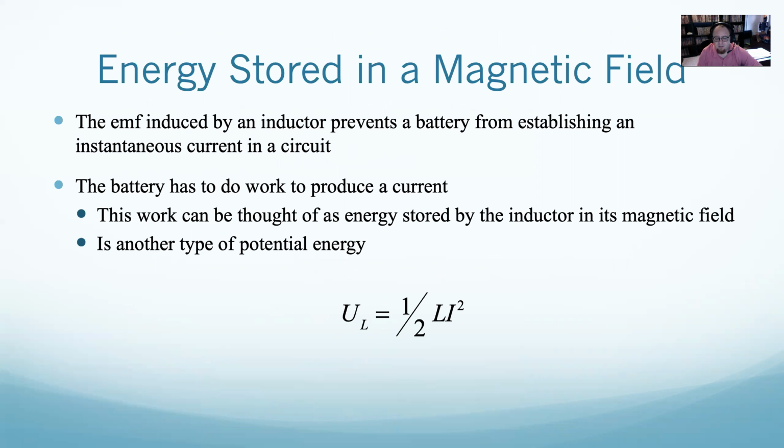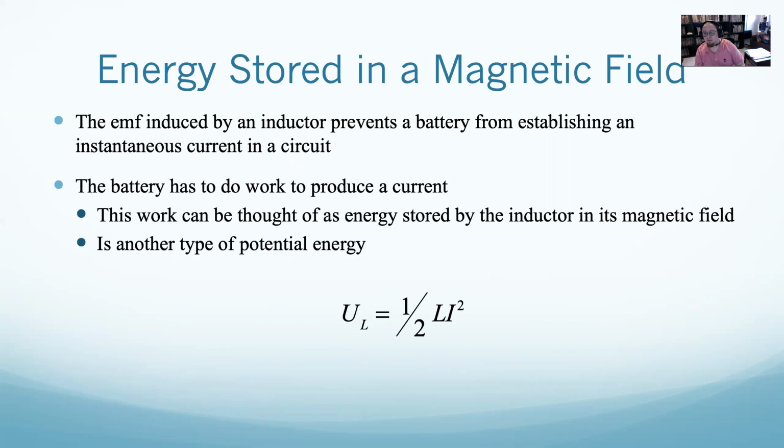Since the battery is using energy to push things forward, and the inductor is keeping that from happening, an inductor must be affecting energy. Anytime you have an inductor with a current in it, it will store a certain amount of energy in the magnetic field. It's a type of potential energy.